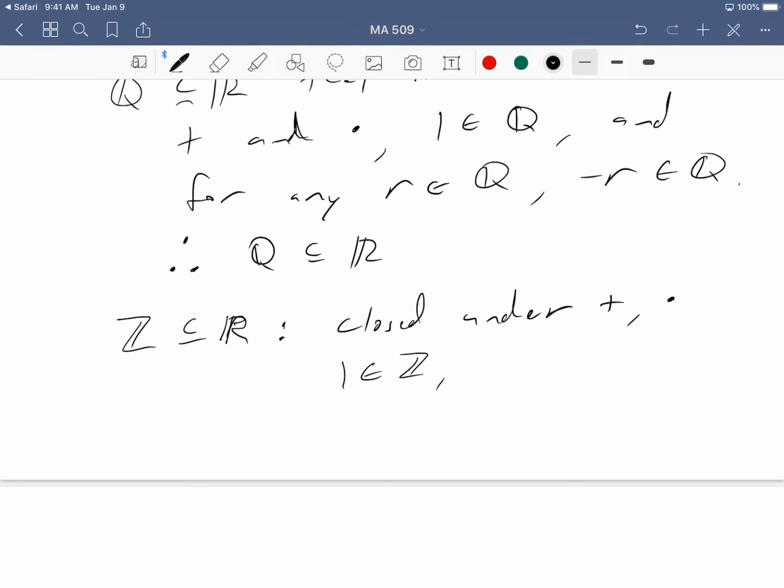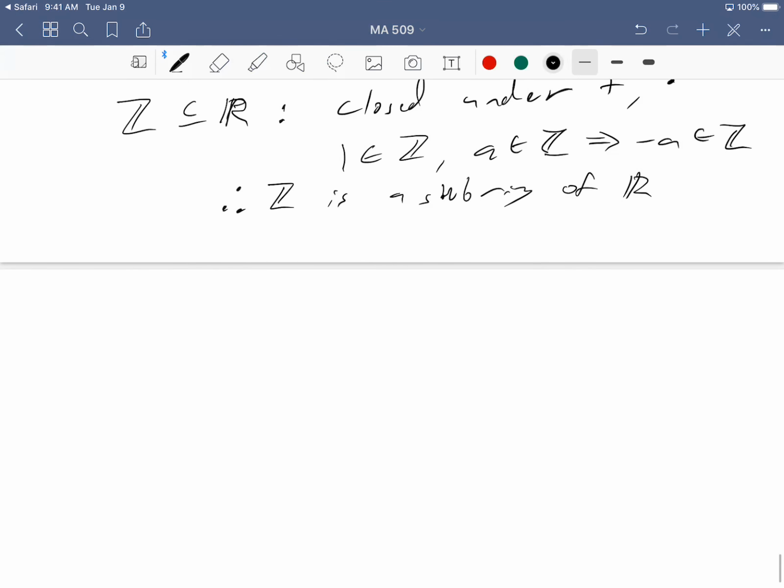And if A is an integer, then minus A is also an integer. And so the integers, Z, is a subring of R. Okay, we could also say Z is a subring of Q. That would be fine for pretty much the same reasons.